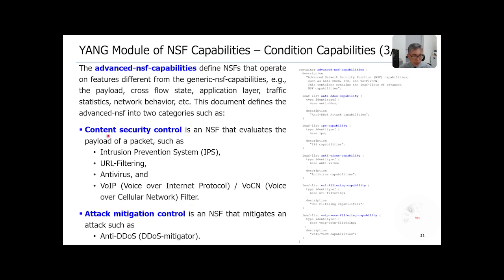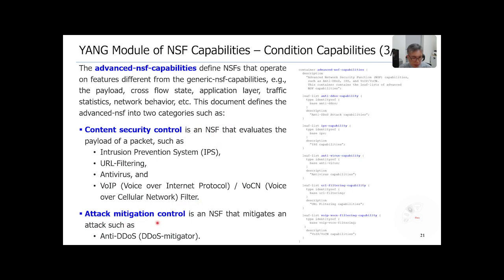So this is usually deep packet inspection, such as intrusion prevention, IPS, URL filtering, anti-virus, and VoIP, the defense from voice over IP attacks, okay? Or VoLTE, VoCN, VoLTE over 5G, okay? Filter. So looking at the content of the payload.